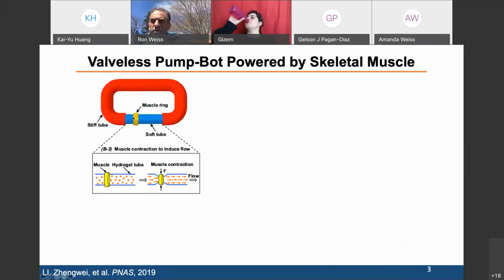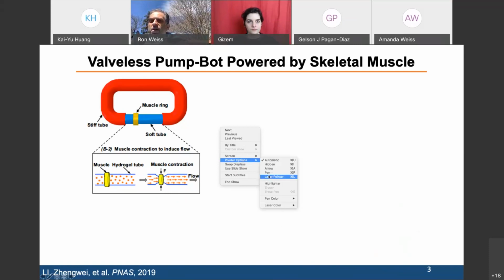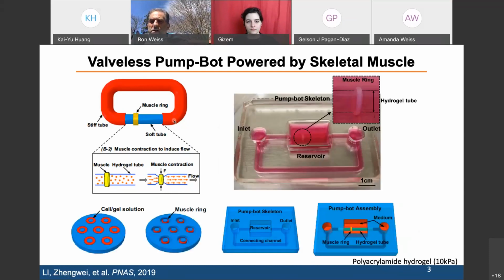So once the muscle ring on the soft tube constricts, it will create a bidirectional wave, and the wave encountering the stiff tube will reflect back. So the ring must be asymmetric so that we can create a directional flow in this direction.